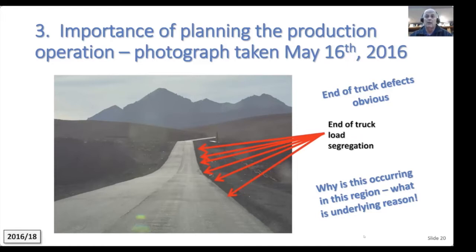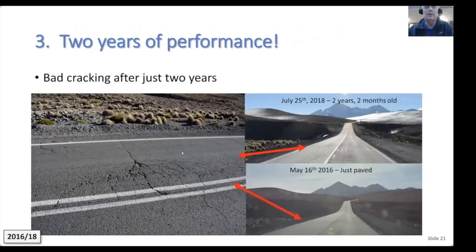So I took this picture in May 2016, and you could see here that end of truck segregation was very evident. And at the time that I took this first picture, I didn't fully understand why this had occurred. This was just a drive along a roadway. I saw the road newly constructed, no lines on that road, and I thought, well, that's an interesting picture.